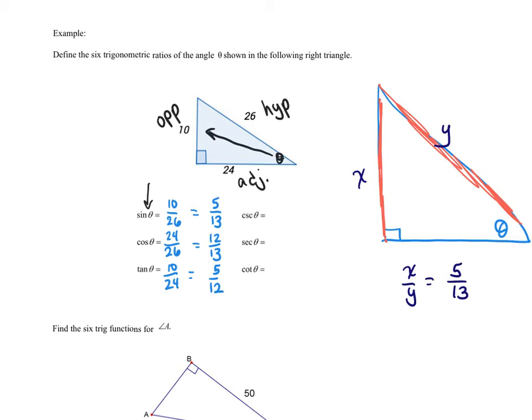So cosecant is the flip of sine, and secant is the flip of cosine, and so forth. But it is important to start to commit those to memory. So cosecant is the flip of sine, so 13 over 5. No need to do it for the first one, might as well do it for the one that's reduced. Secant is going to be 13 over 12. And cotangent is going to be 12 over 5.